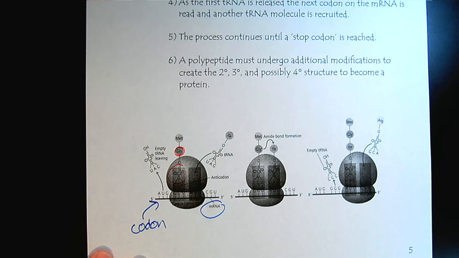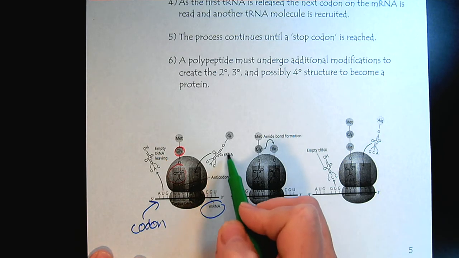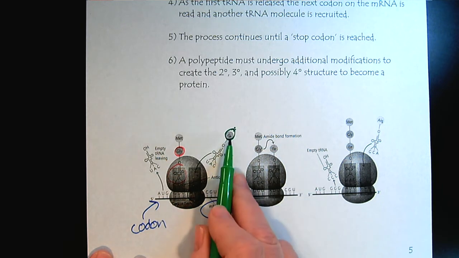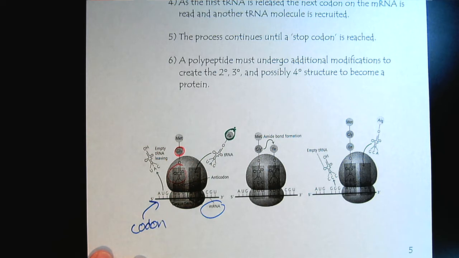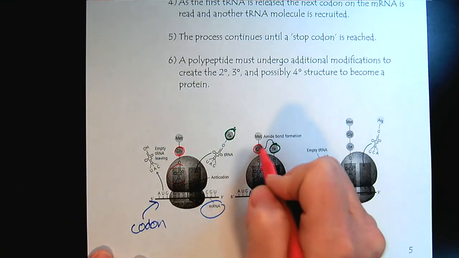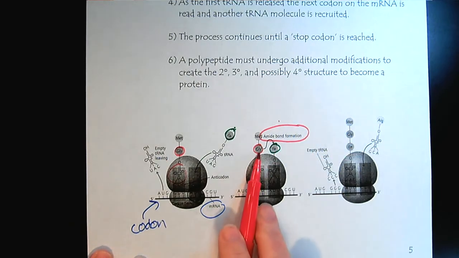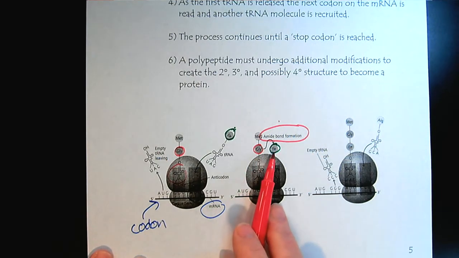And now the second, so then we have our second code, and here's the second molecule of transfer RNA bringing in a second amino acid. Everything is held together with H bonds, and now we see that these two amino acids, right, are going to, right, an amide bond forms between them to link glycine to isoleucine.